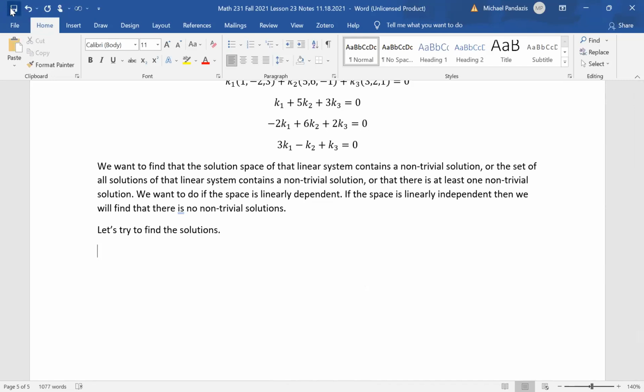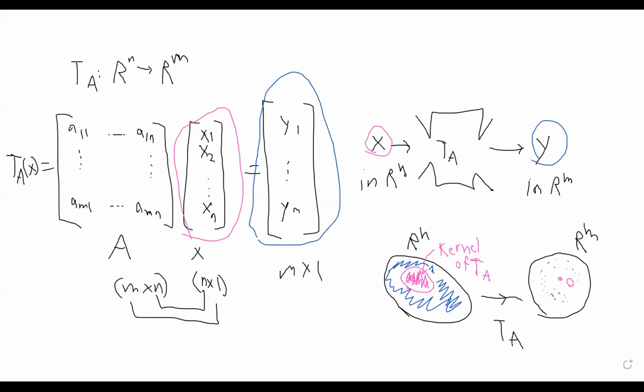Okay, so I'm going to do this on the whiteboard. Let's say you have the matrix on the left side is A, and on the right side is the zero matrix. A is the coefficient matrix.